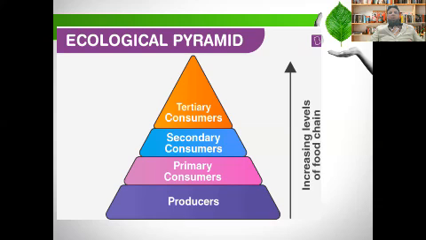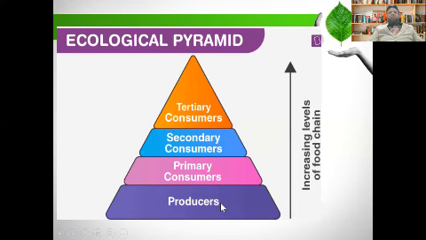As you can see, as you go up the triangle, the size is reduced. So the number of producers is more than the number of primary consumers, and these primary consumers are eaten by the secondary consumers, like carnivores or omnivores. You see the bar is reduced, and then these secondary and primary consumers are eaten by the tertiary consumers, like predators such as lions or tigers.